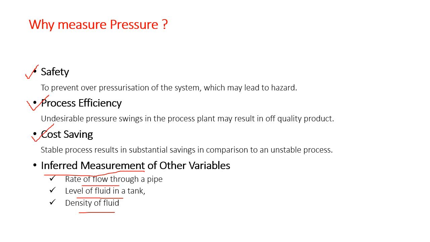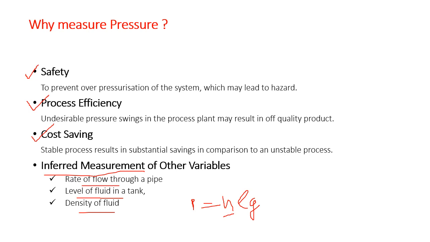And by measuring pressure, you can measure the level, because you know the pressure at the bottom of the tank will be equal to H rho G, right? So if you measure the pressure and you know the density and G, that is the gravitational constant, you will get to know the H, which is the level, right?